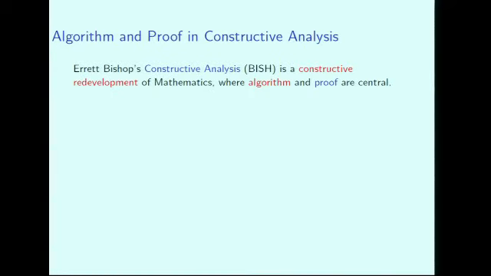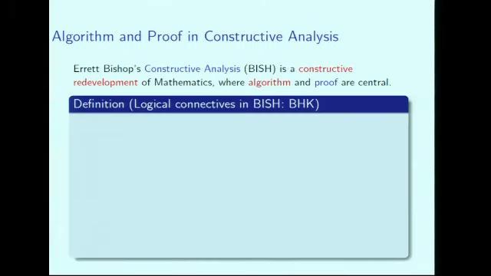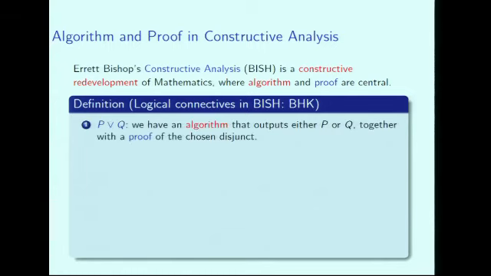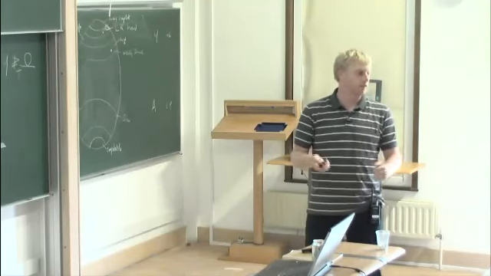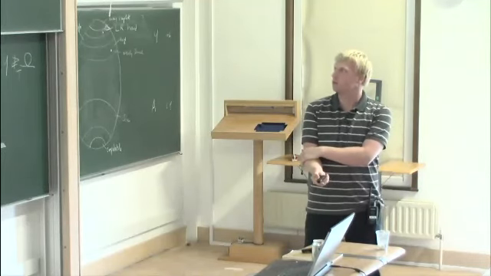And the central notions are algorithm and proof, and this is already apparent in the definition of the logical connectives. They use the BHK interpretation, also called intuitionistic logic. For example, to state P or Q, we have to provide an algorithm that outputs either P or Q with a proof of the chosen disjunct. So it's much more constructive than the classical version.